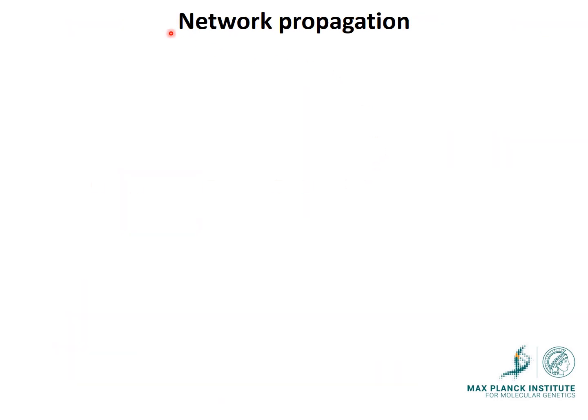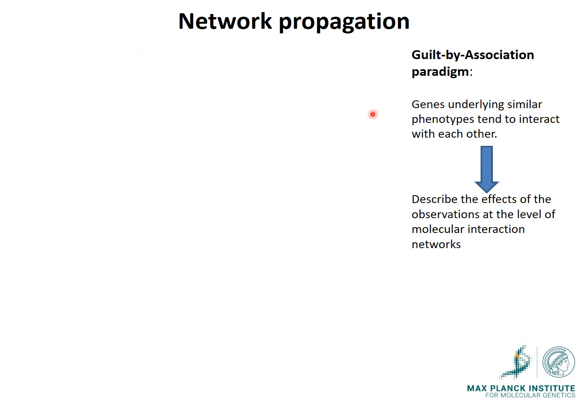Now the mathematical way how to do this is with network propagation. Network propagation builds on the guilt by association paradigm, which says that genes that underlie similar phenotypes tend to interact with each other, so that from molecular interaction networks we can basically derive function.